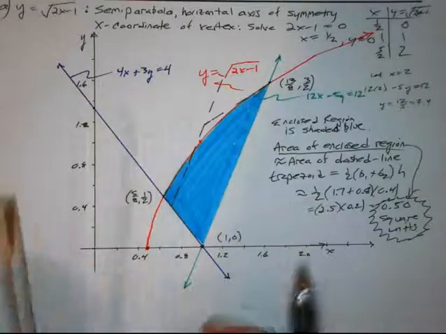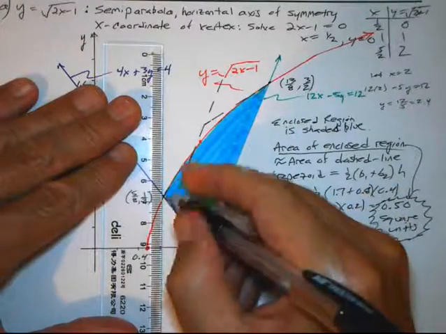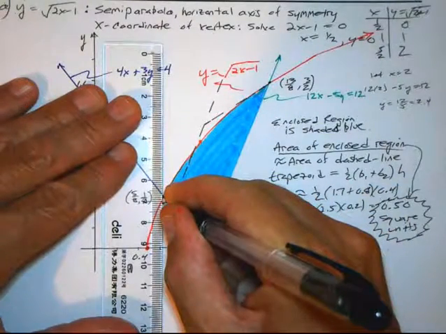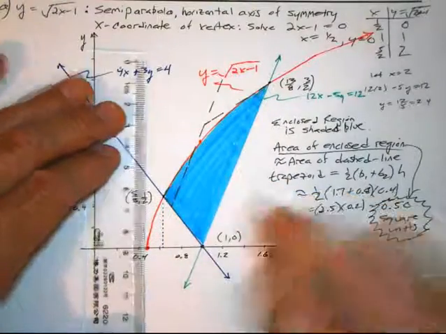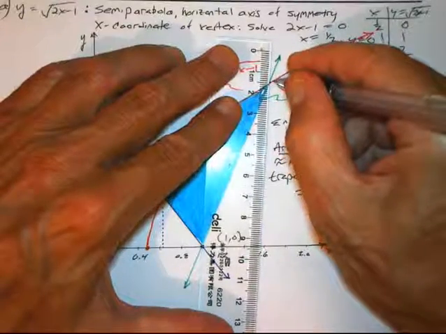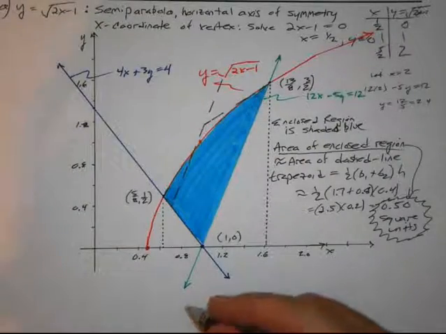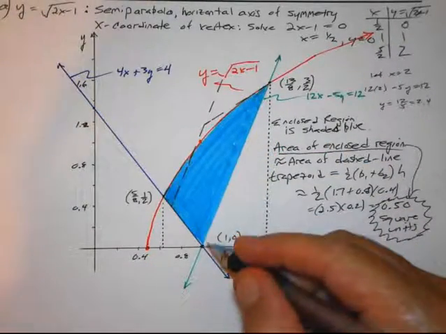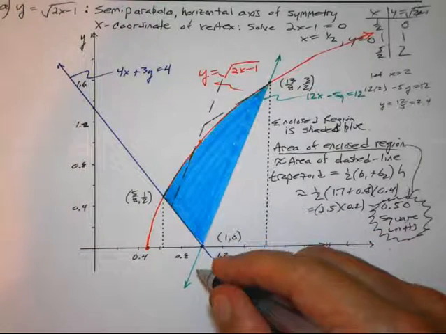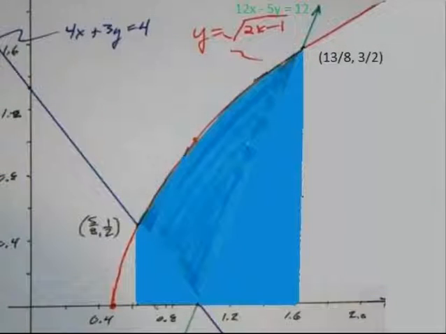So in this case here, I sort of imagine dropping down a vertical line, and I'll put it in dots here. And then another vertical line I'll put in dots at the other end point of this region. Alright, so now the region whose area we're trying to calculate, I could think of it as the region of everything below the graph of y equals square root of 2x minus 1 between x equals 5/8 and x equals 13/8.